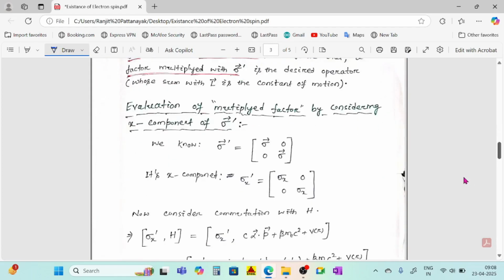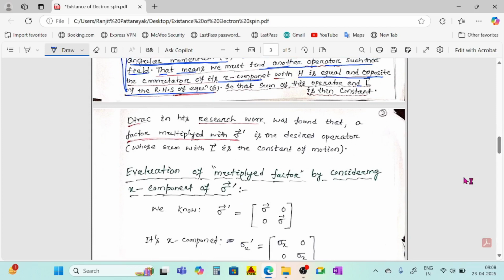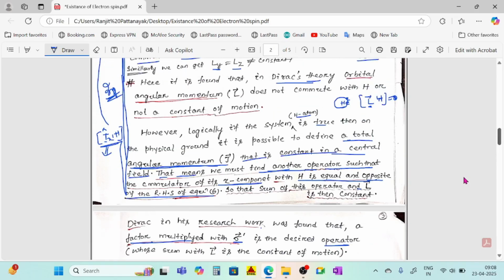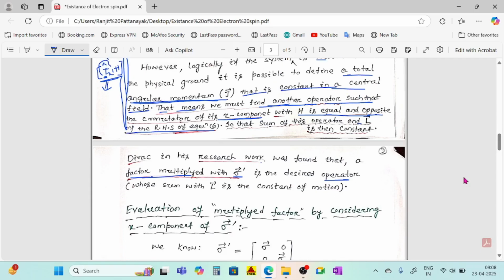Now, Dirac in his research work found that a constant factor multiplied with sigma dash is the desired operator. So Dirac searched for what this operator Tx would be, and he found that sigma dash multiplied with some factor is the desired operator, whose sum with L is the constant of motion.